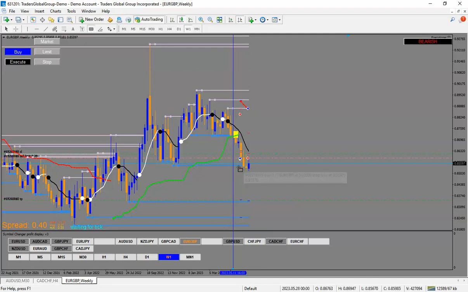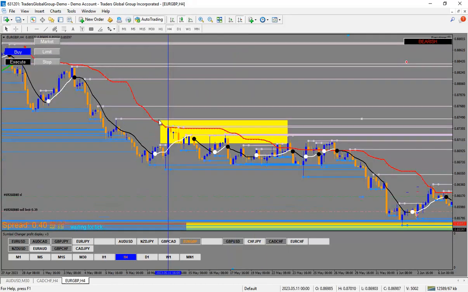So I'm taking the trade from here to here, and this is about 3 weeks, right? Although I'm not waiting for it to touch the fractal, so I probably just put it on the close of this candle, just for safety reasons, before price reaches there and rejects. So when I go to my H4, this is it.